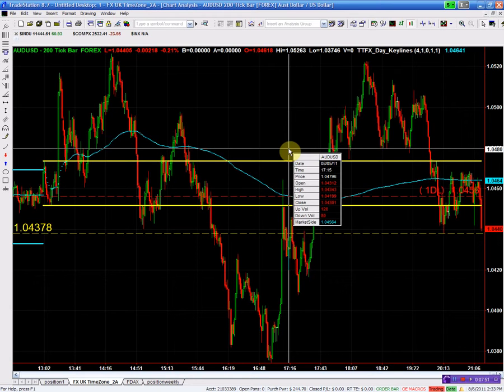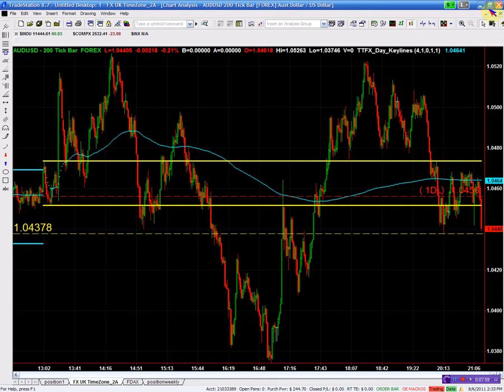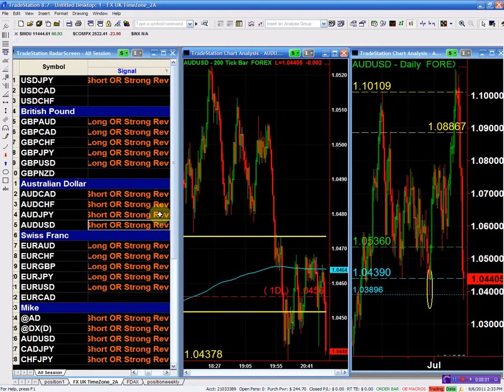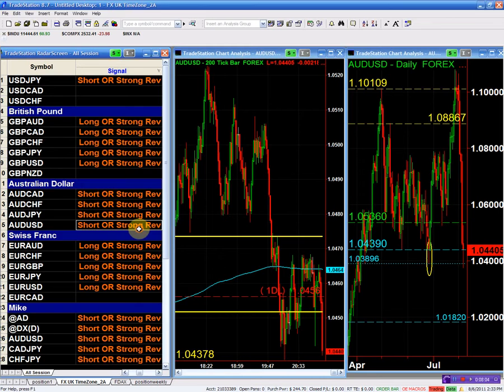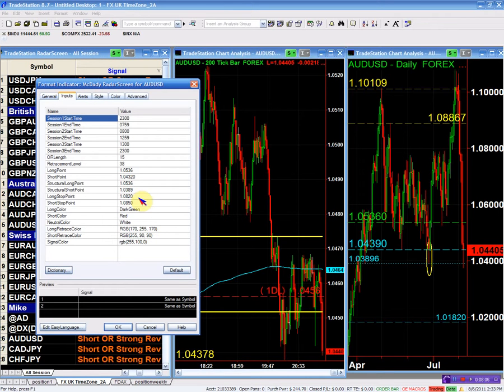I'm going to give it 10 pips, or 10 ticks, above the 104.90. So my short stop is going to be 104.90.